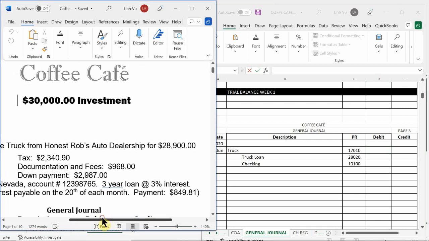28,900. We also have to include tax, because it's a fixed asset. What else do we need to include? Documentation fees. You need to include the documentation fees.